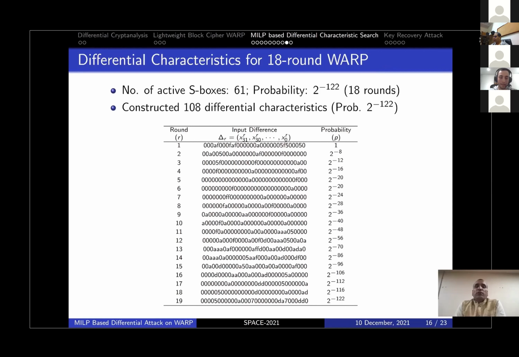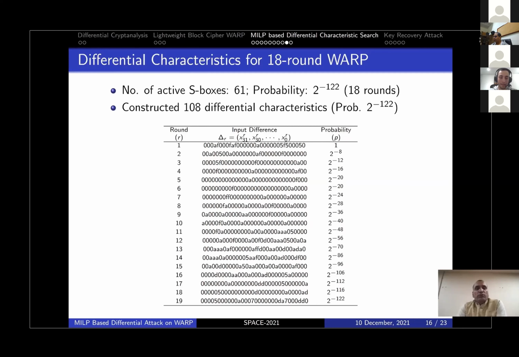We form an 18-round MILP problem and solve it using Gurobi. We get the optimal differential characteristic with 61 active S-boxes and a probability of 2 to the power minus 122, similar to the previous case. We have also constructed 108 different differential characteristics with the same probability.